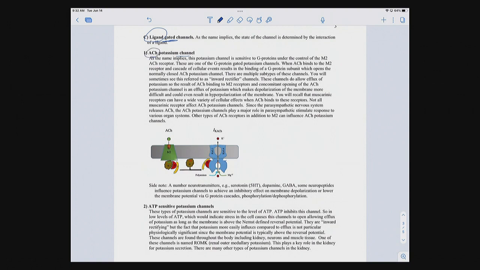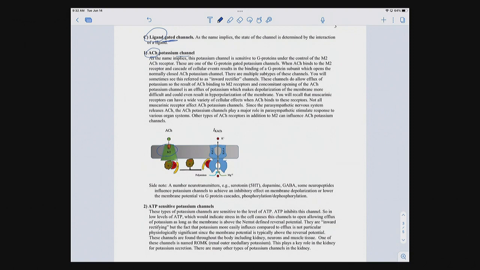Of course, we know acetylcholine is going to be binding to 2 types of receptors. You have the nicotinic receptors and you have the muscarinic receptors. I'm sure we've talked about that before. You already know that. So in this case, what we're talking about is acetylcholine binding to a muscarinic receptor, and in particular, the M2 muscarinic receptor.